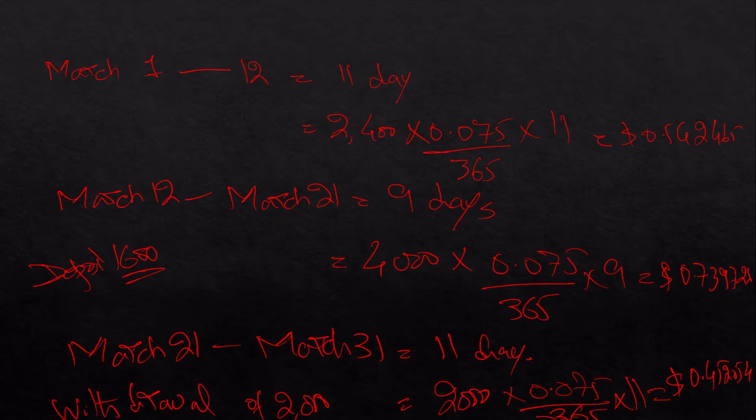And altogether, if I write it here, the total interest, which is the sum of this plus this plus this, we get 1.73. That is our interest on this savings account.